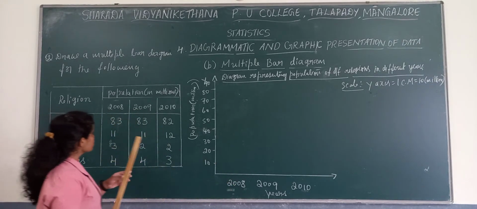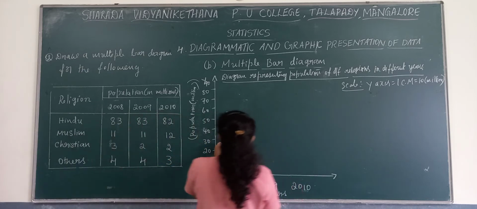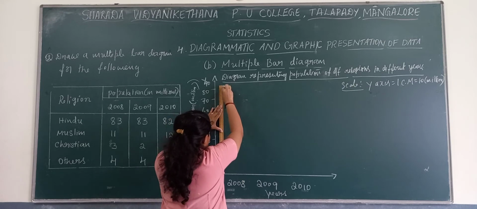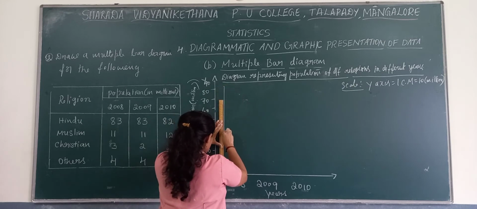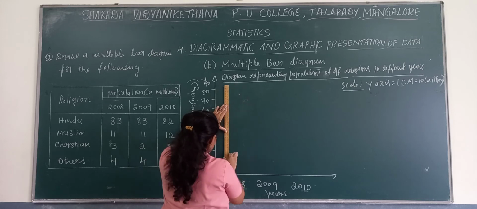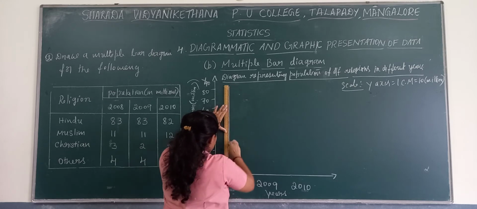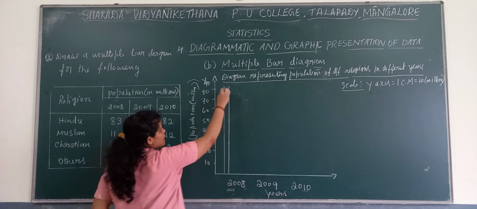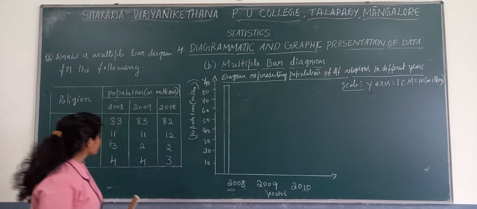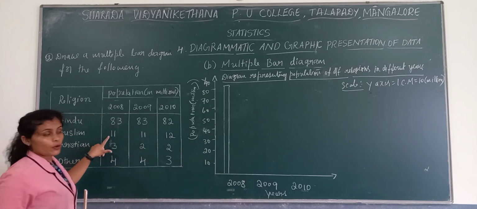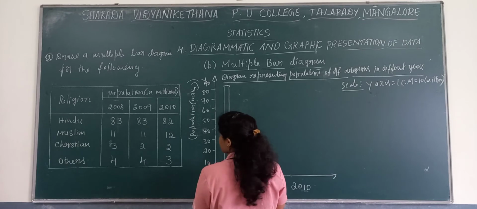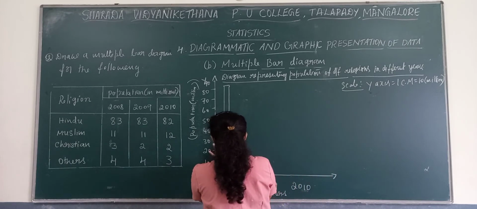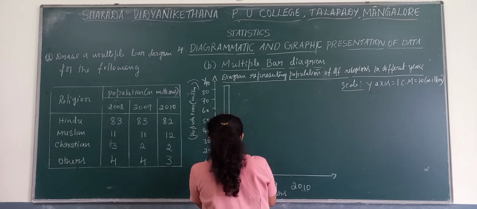Hindu population is 83, and Muslim population is 11. 11 means it will come approximately here.